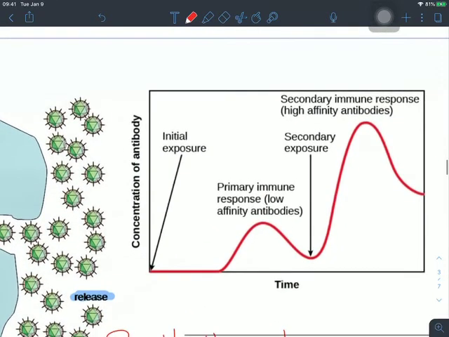And now that we understand how humoral and cell-mediated responses work, we can talk about antibody concentration throughout time, what this looks like. Once you're first sick, your body might not be making any antibodies. Hopefully your innate immune system's catching it, but in this case, let's assume that it's not.